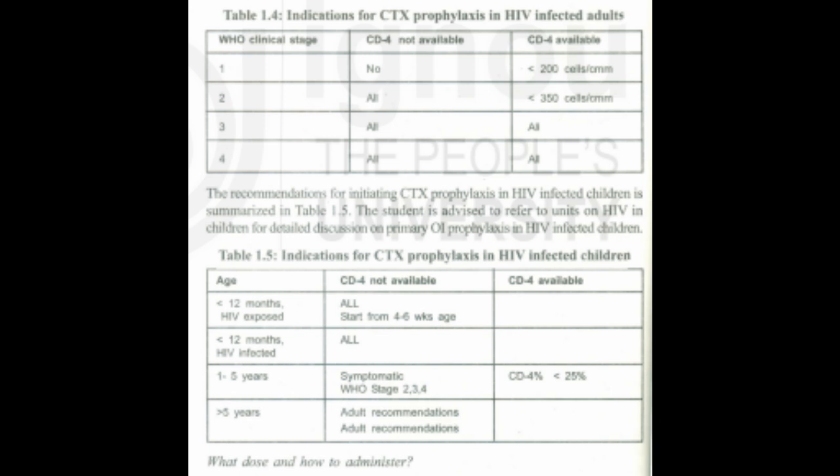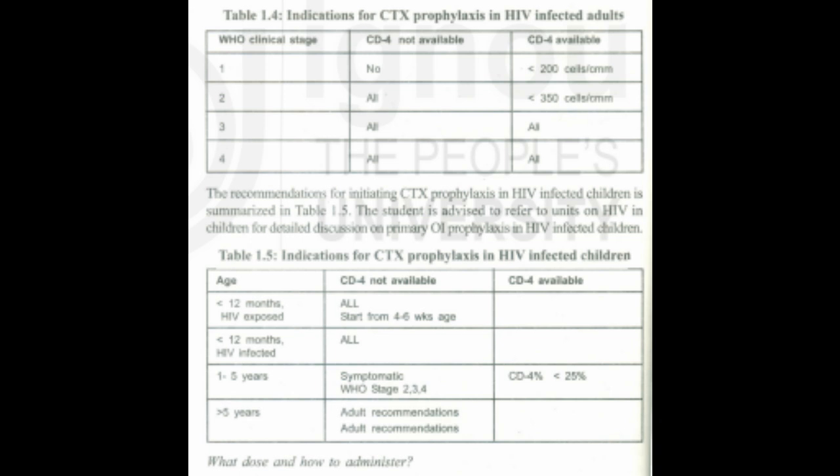The recommendations for initiating CTX prophylaxis in HIV-infected children are summarized in Table 1.5. The student is advised to refer to units on HIV in children for detailed discussion on primary OI prophylaxis in HIV-infected children. Table 1.5, Indications for CTX prophylaxis in HIV-infected children.